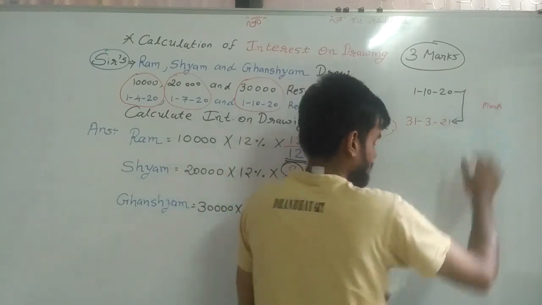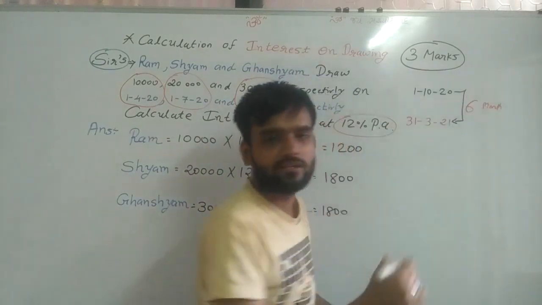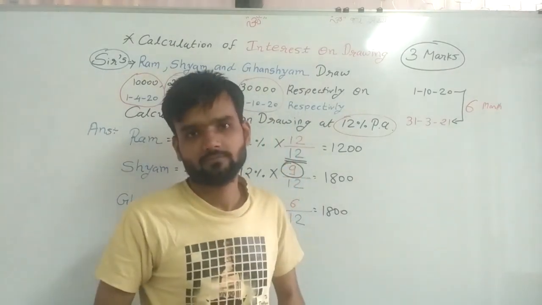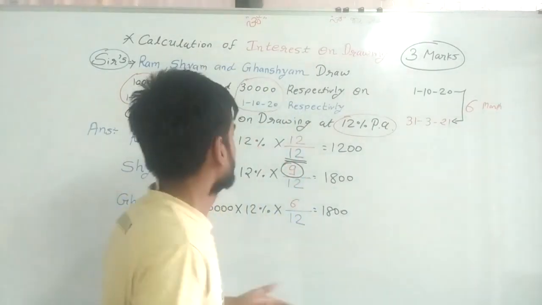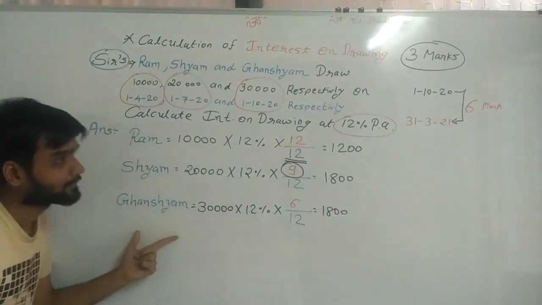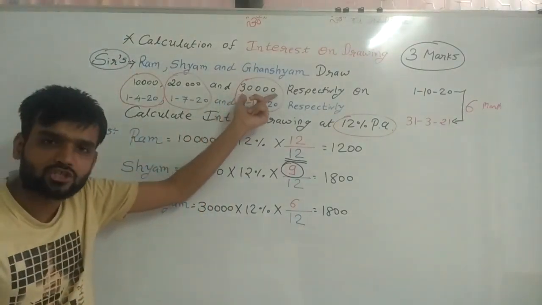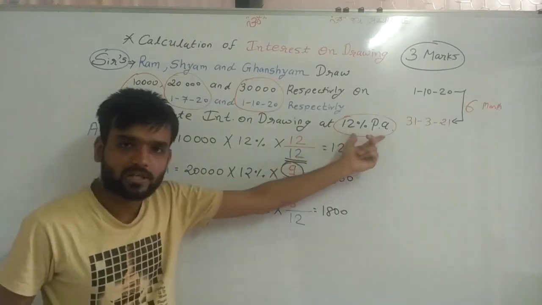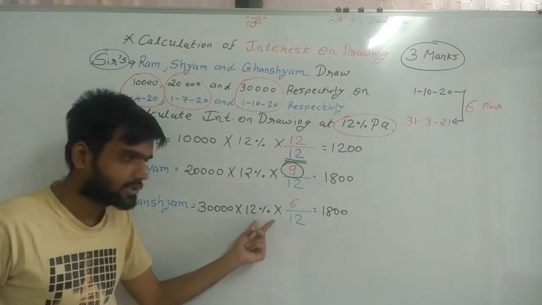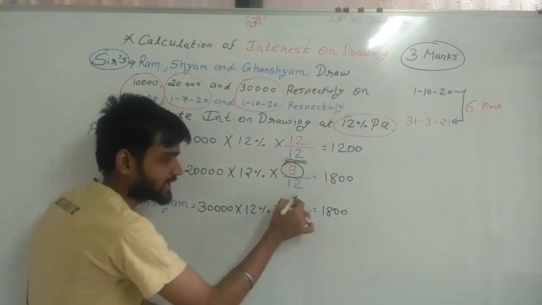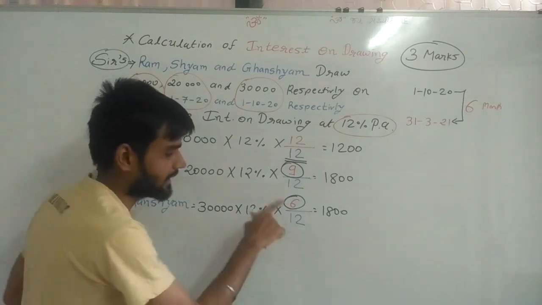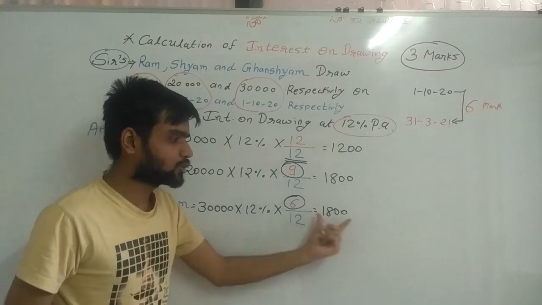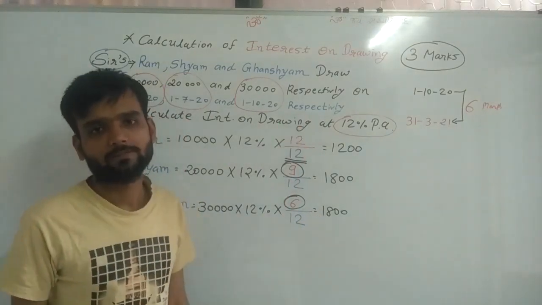So here not 9 months. We need to calculate interest for 6 months only. And that's why the calculation for Ghanshyam: amount withdrawn by Ghanshyam is 30,000 into 12% into, only change is, 6 divided by 12, is equal to 1,800 rupees.